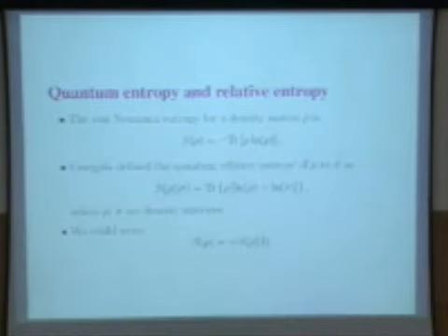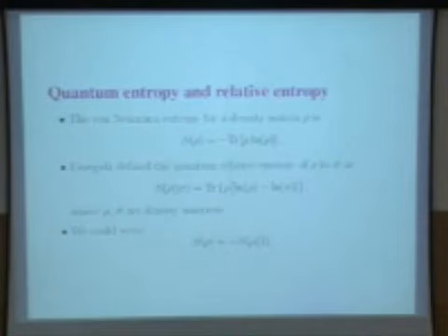Now, I should be corrected if I'm wrong. This definition actually precedes the Shannon entropy, although a lot more people know about Shannon entropy than the von Neumann entropy. And I think it predates it by probably 2 decades or so, if not more.